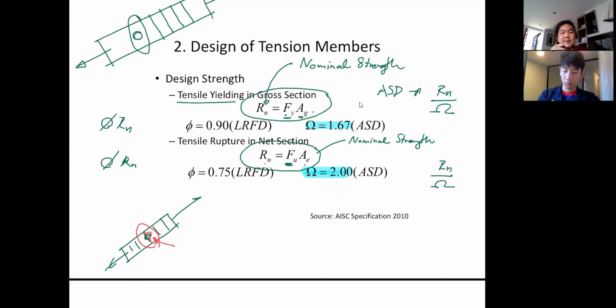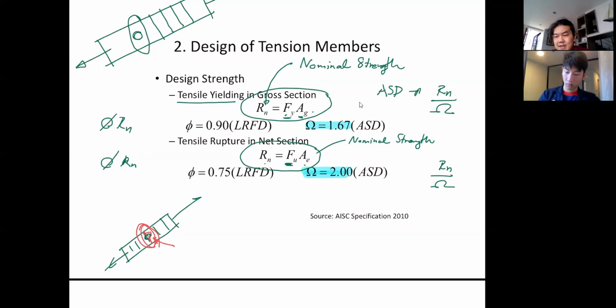Naturally speaking, it may yield a little bit, but it's going to be very short. All of a sudden, it's going to rupture because you already reduced the area. So when the area is reduced, chances are it is not going to yield anymore. It's just going to rupture at that area right away.